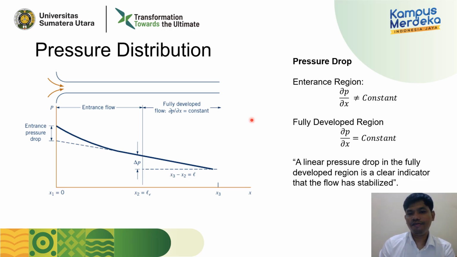That's why we can define it as, at the entrance regions, the pressure drop is not constant, but at the fully developed regions, the pressure drop is constant. A linear pressure drop in the fully developed regions is a clear indicator that the flow has stabilized. So after passing the entrance flow, the flow has stabilized. You can see from this line.